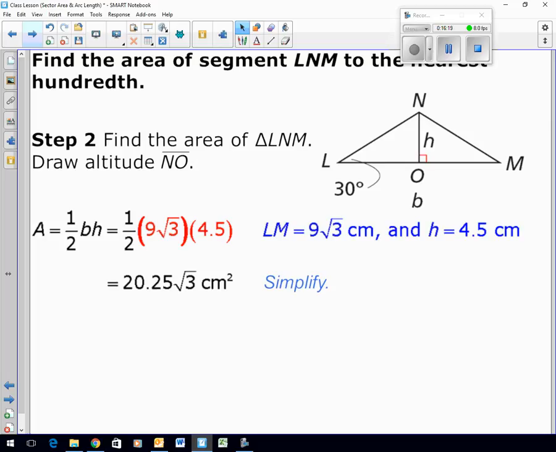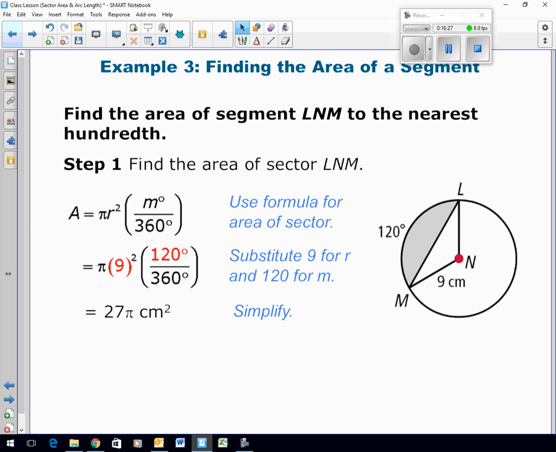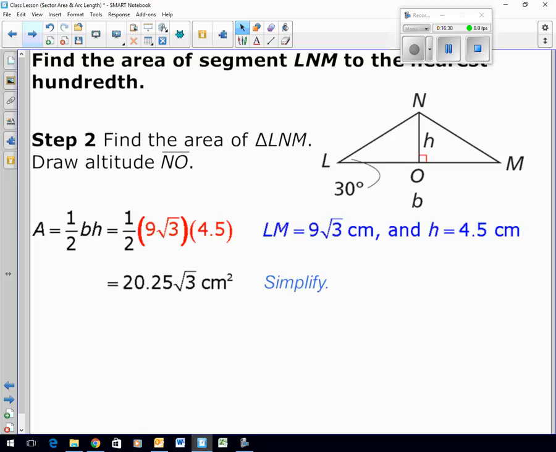I have the hypotenuse, 9, and I'm trying to find the opposite side. What am I going to use? Sine of 30 equals h over 9. How about that? I made it a lot easier today. Don't have to worry about that.